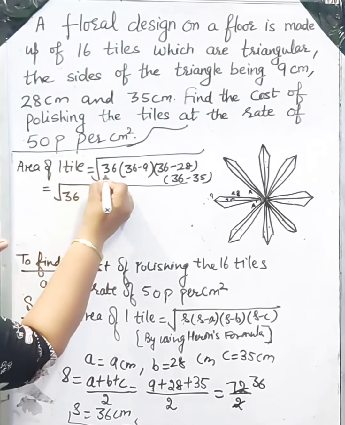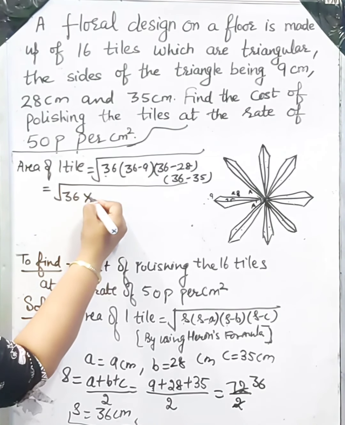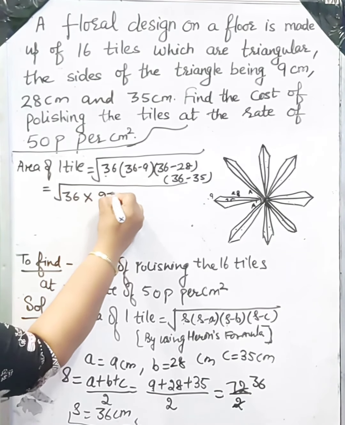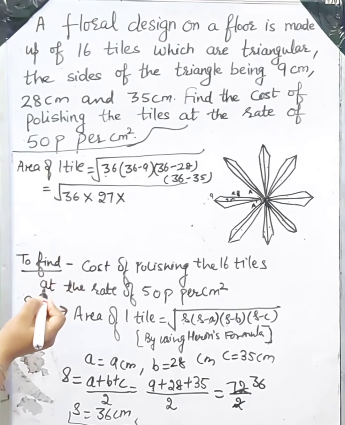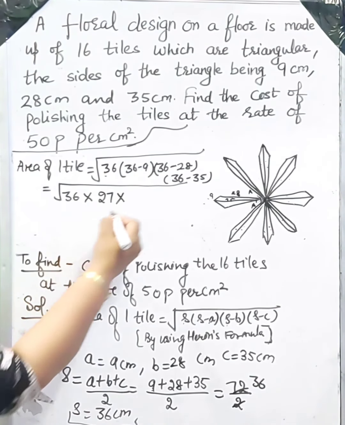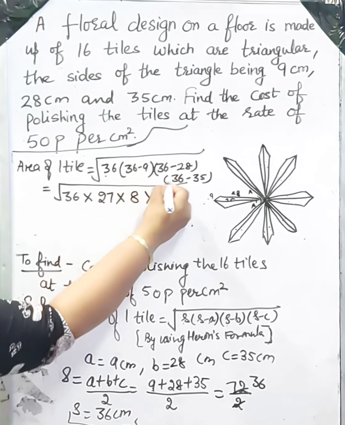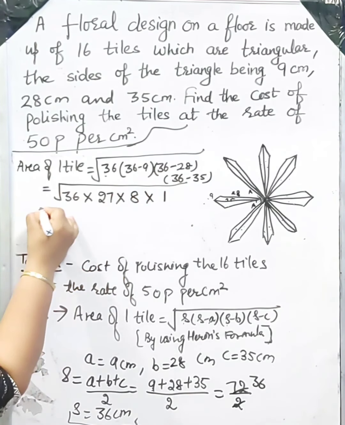Next step, 36 minus 9 equal to 27, 36 minus 28 equal to 8, 36 minus 35 equal to 1.